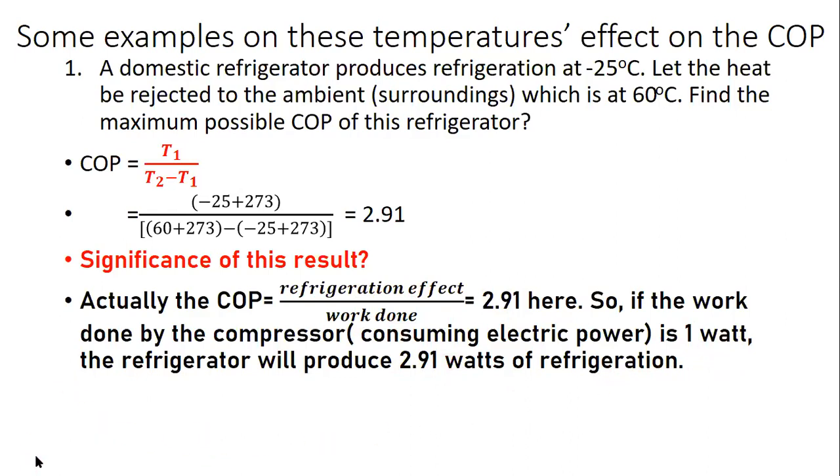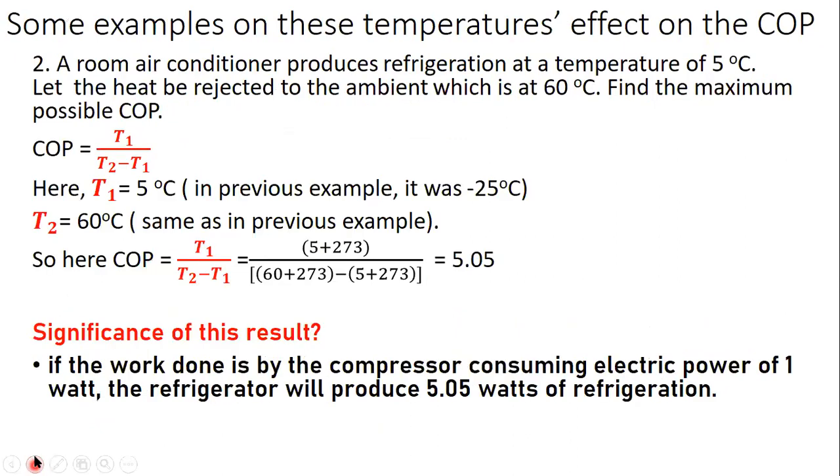Now let us look into another example with almost the same values. Suppose a room air conditioner is producing refrigeration at a temperature of 5 degrees Celsius, which means the lowest temperature it produces in the area meant to be cooled is 5 degrees Celsius.